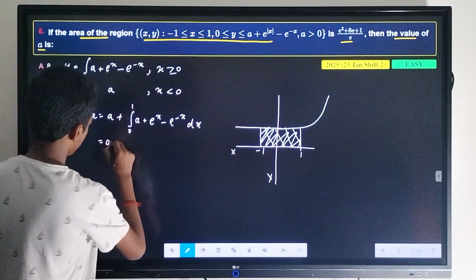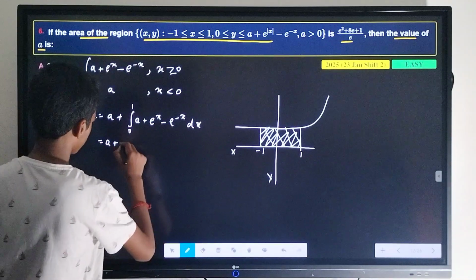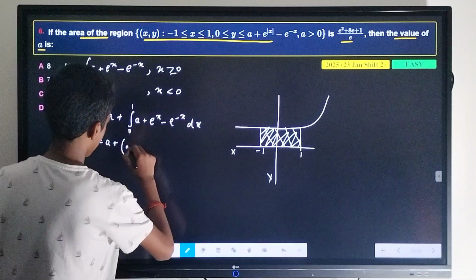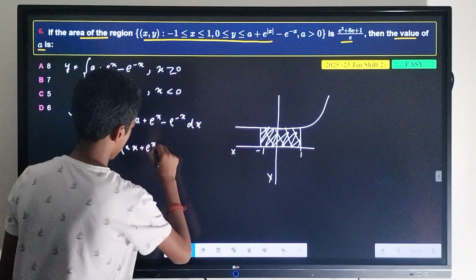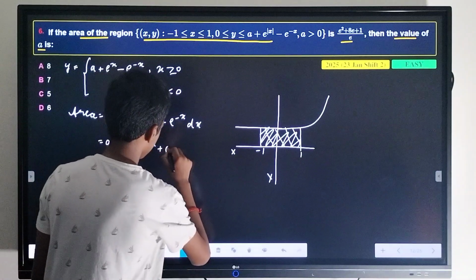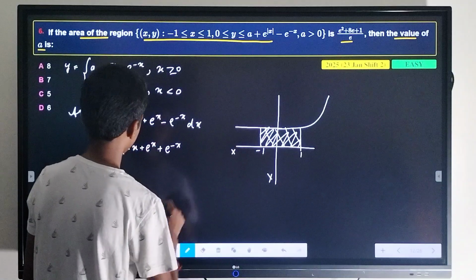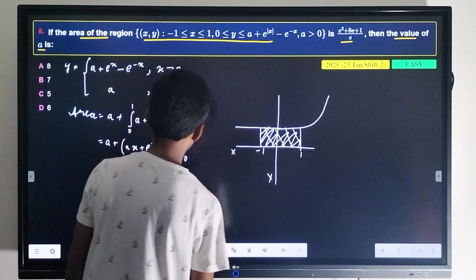So this is equal to a plus ax plus e raised to power x plus e raised to power minus x from 0 to 1.